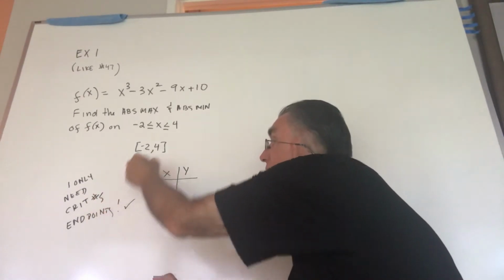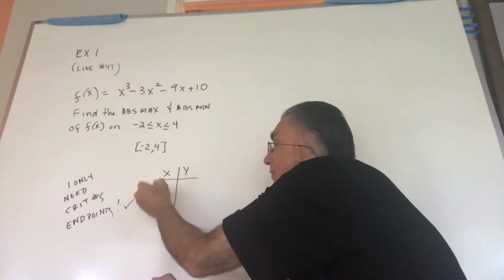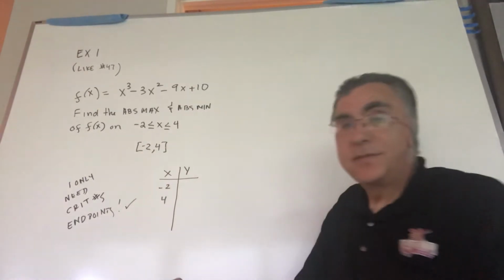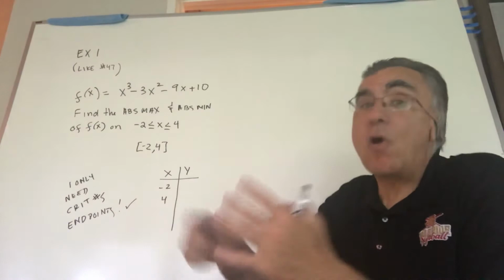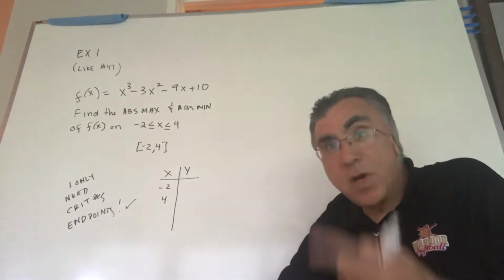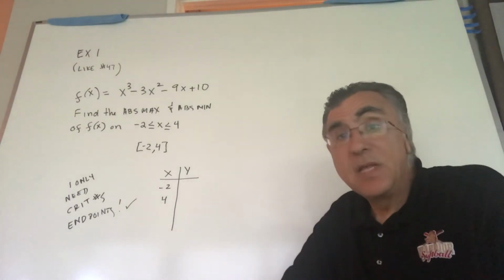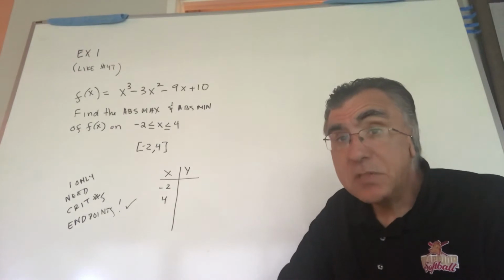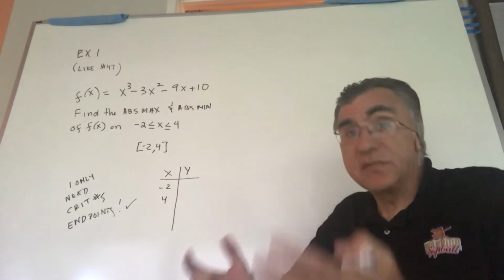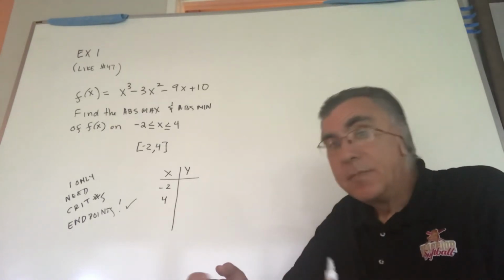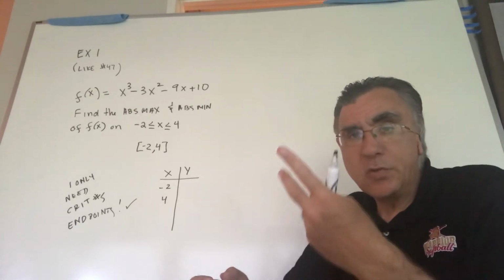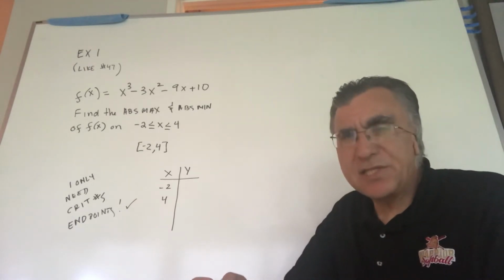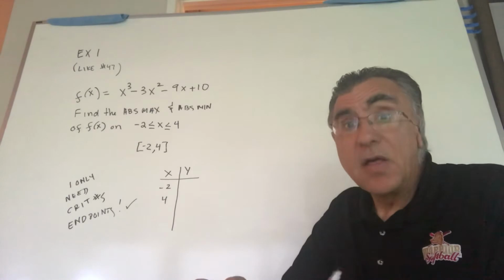So first off, endpoints: -2 and 4. There's always going to be one endpoint on the left and one endpoint on the right. When you go to find critical numbers, there can be tons of them. There could be 100 of them, but they're normally not. There's normally 1, 2, or 3. As a matter of fact, for this class, it's either going to be 1, 2, or 3. There could be 0.